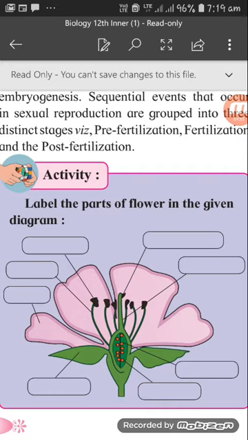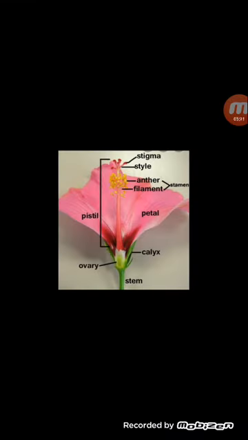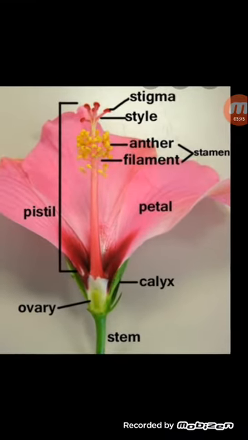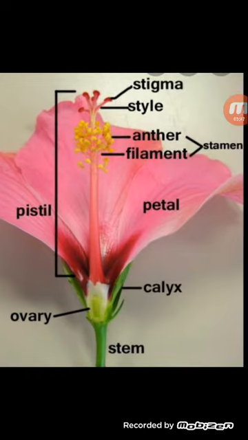I hope everyone knows to label the parts of the flower. Fine. Now let's see the parts of the flower. If you have forgotten, have a glance at this diagram.